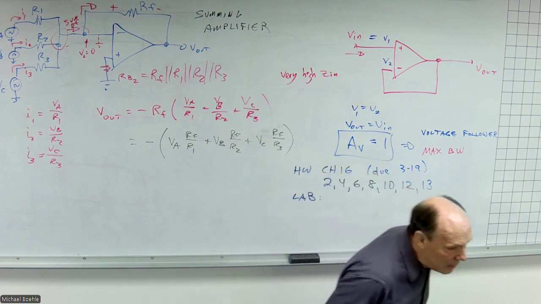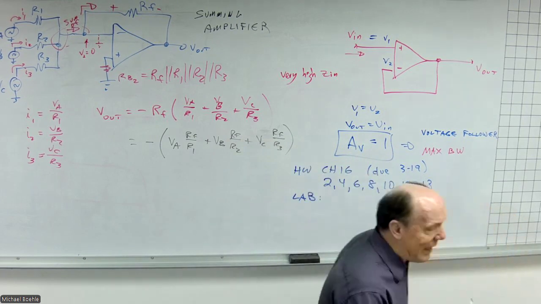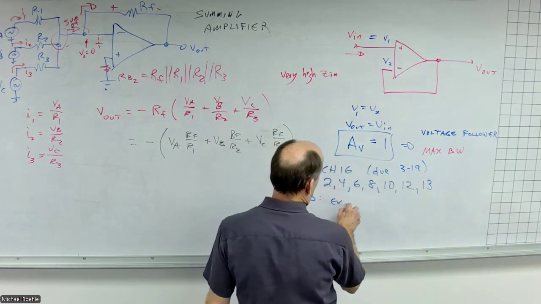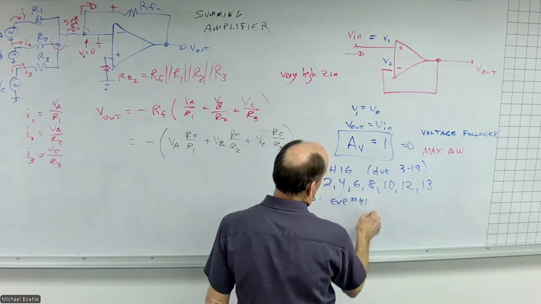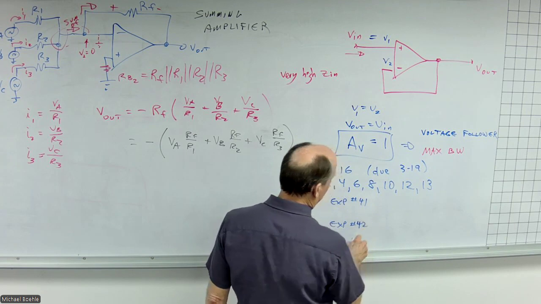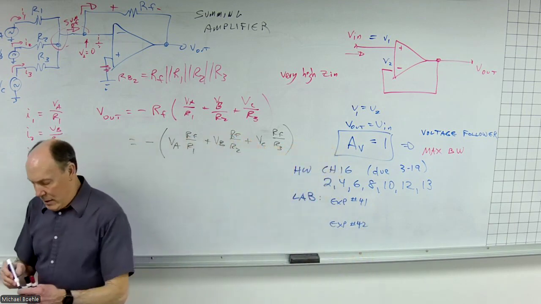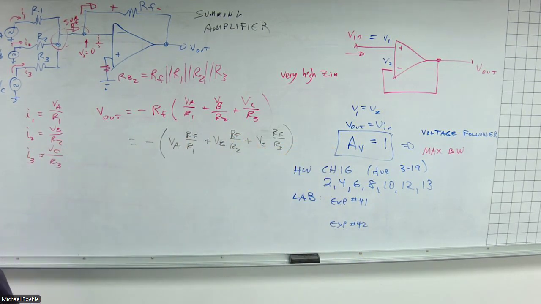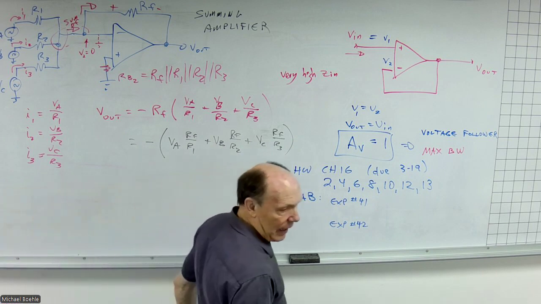Lab, got experiment 41 and 42. Both of these are basically going to explore some of those characteristics of the op amp. They'll try and measure, for example, the input currents, and then see how much different they are. Things like that.